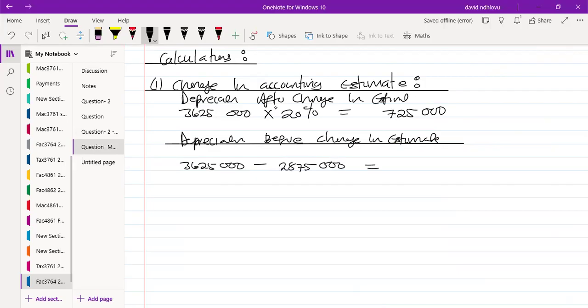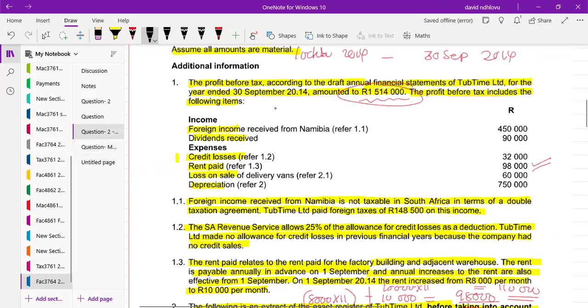So the difference is the depreciation for the year before the change. And the depreciation was 750,000. That depreciation was also provided here. We're just double checking it and also making sure you can calculate that even if it was not given. Right, are we clear on that calculation? Are you understanding it?